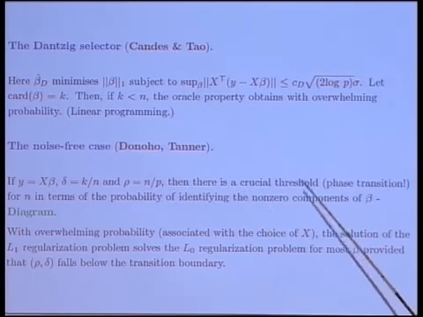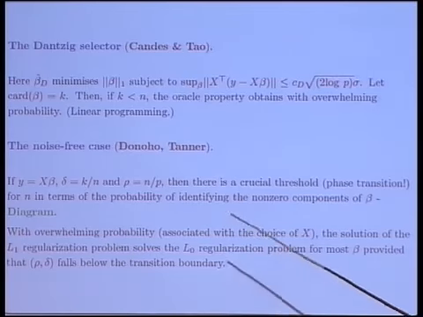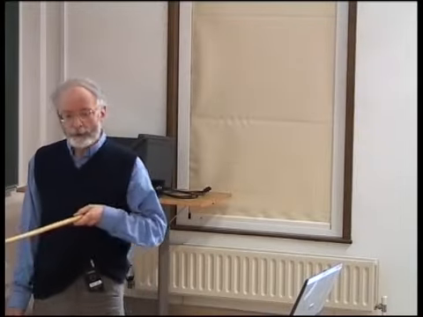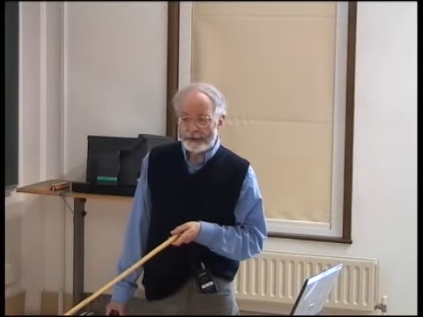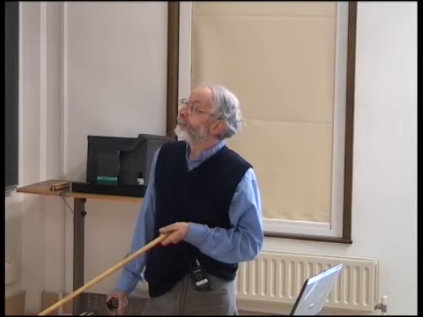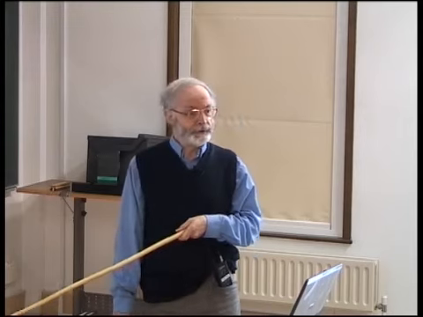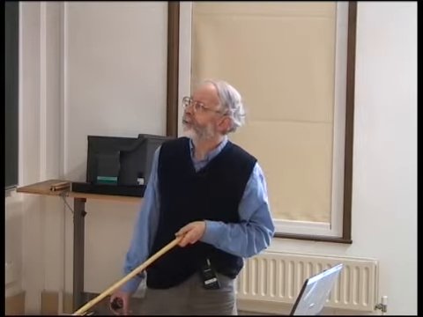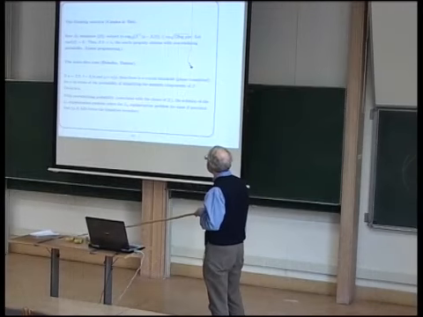Don't worry about the details of the notation, but what they show is that this particular approach, which is slightly different from the lasso, does, if the true number of non-zero elements in beta is less than the sample size, obtain the so-called oracle property with overwhelming probability. There are lots of technical conditions and impressive analysis behind this, but that's basically what they're saying.